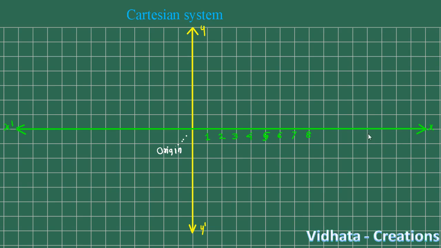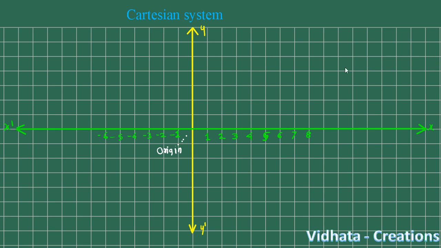Like this, you can write many numbers. And from 0, on the left hand side of the x-axis, we have negative numbers. Here I will write -1, -2, -3, -4, -5, -6, and so on.